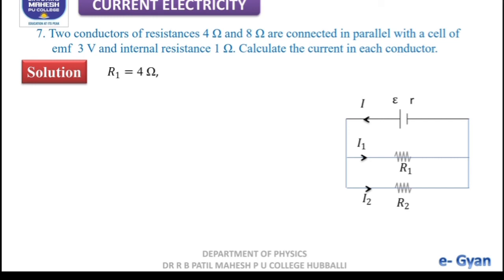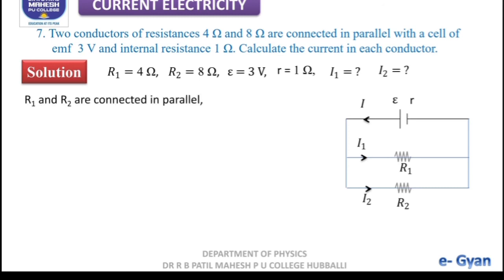Write all the given values. R1 is equal to 4 ohm, R2 is equal to 8 ohm. EMF of the cell is 3 volt and internal resistance is 1 ohm. We need to find the value of I1, I2 and I. Now R1 and R2 are connected in parallel, hence the effective resistance is R equivalent equal to R1 into R2 divided by R1 plus R2.